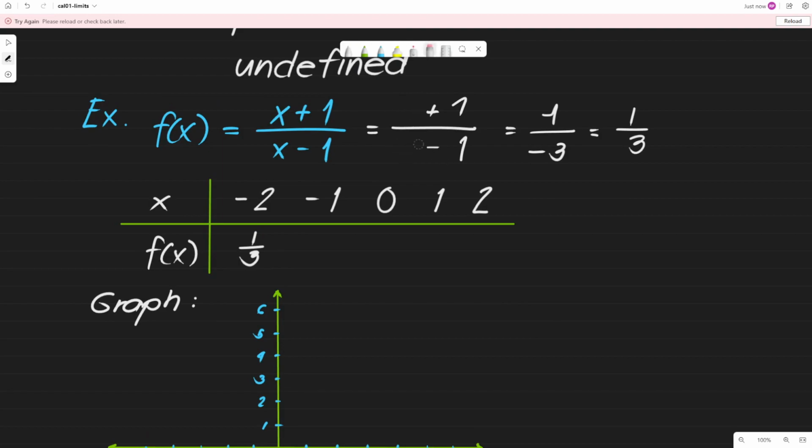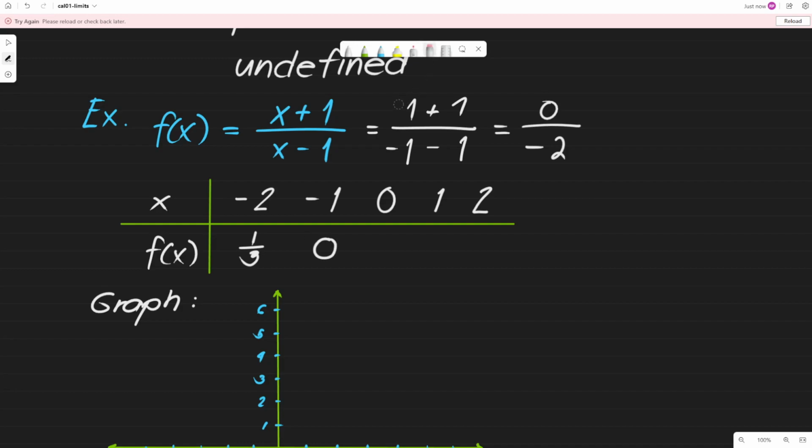So if we have negative 1 as our value of x, then we have negative 1 plus 1, that is 0, over negative 1 minus 1 is negative 2. And we all know that if 0 is divided by any number, the result will still be 0. So the function is 0.